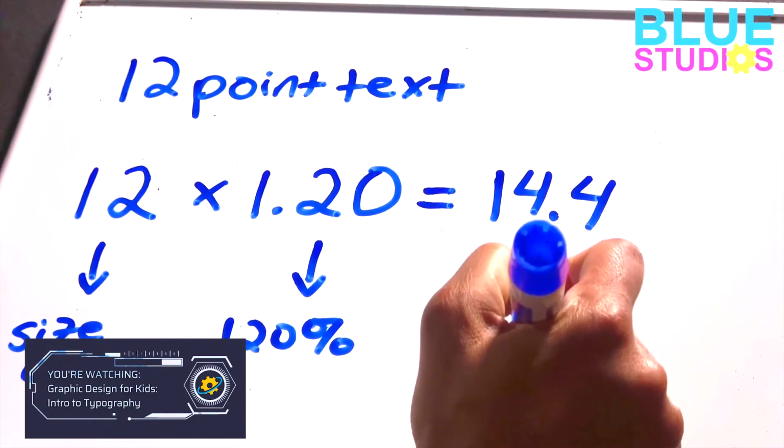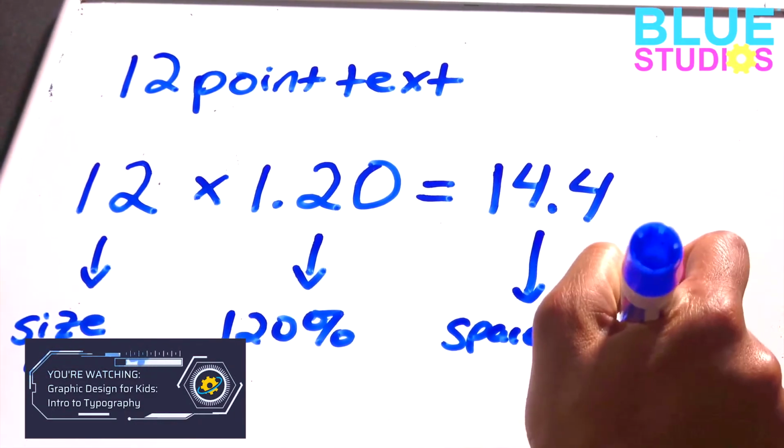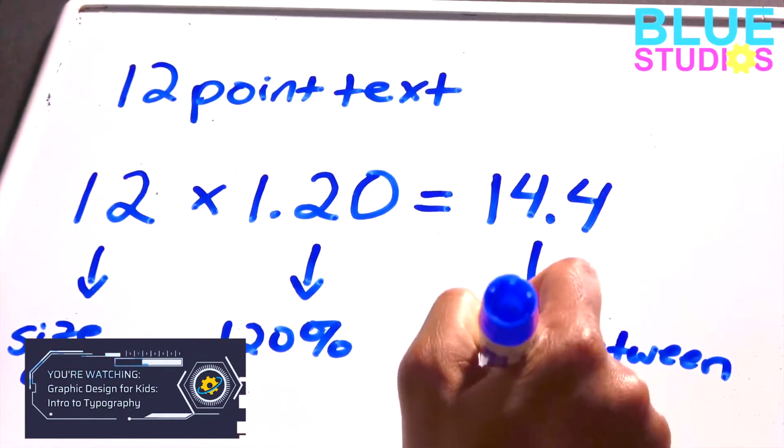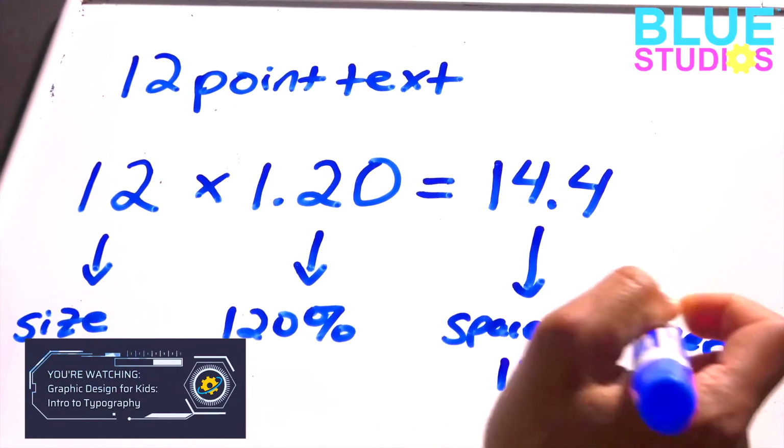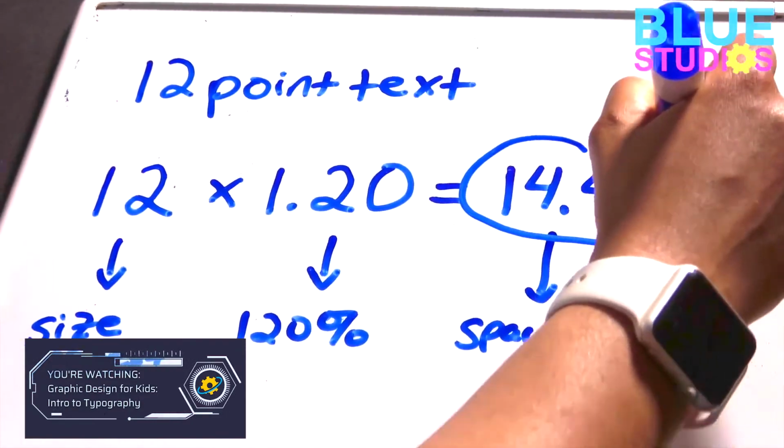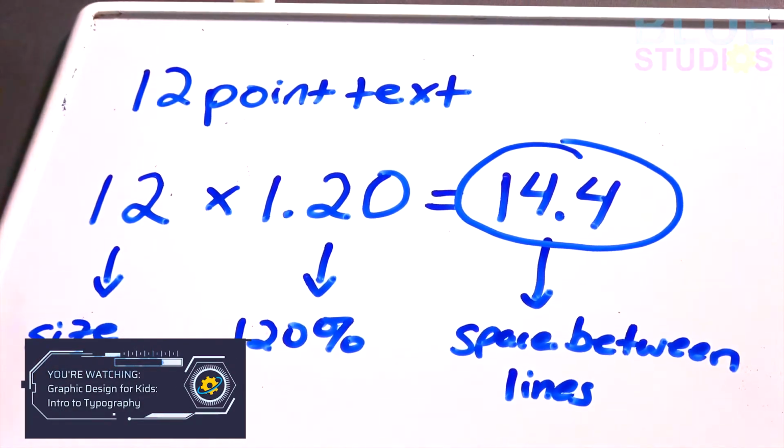So now you know that you need 14.4 points, which is the smallest distance between lines for optimal readability. Isn't that kind of cool?